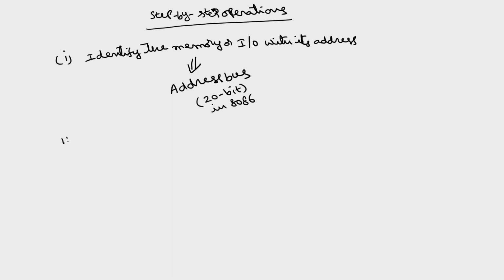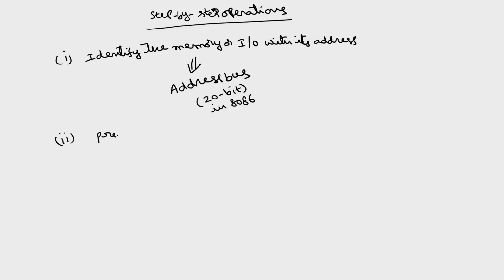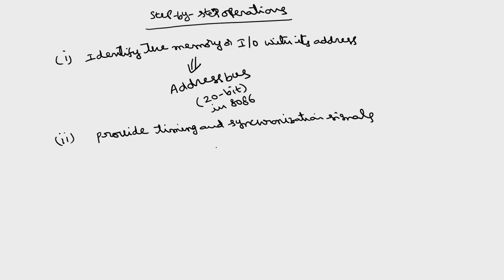After identifying the memory or I/O, it has to generate control signals, and provide timing and synchronization signals, such as whether it has to perform the read operation or write operation. 8086 has 2 such control signals. There are some other control signals, but for this particular operation there is the read bar signal.